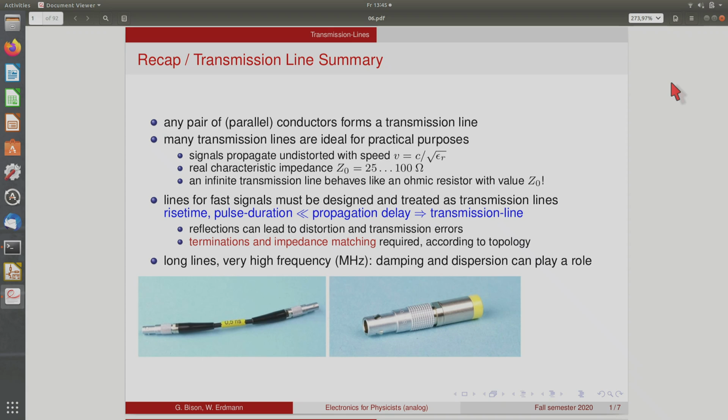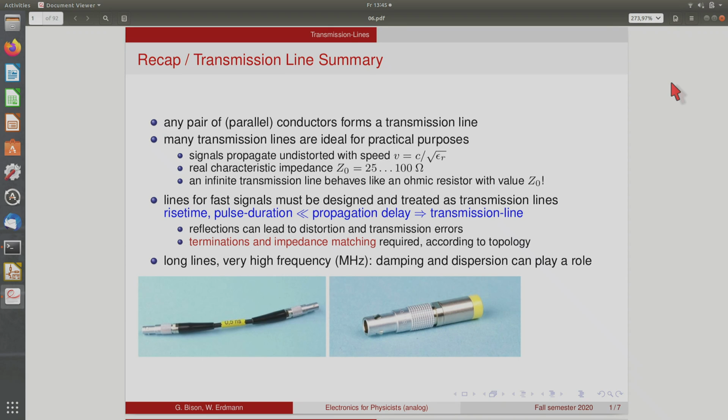So any pair of parallel conductors that are reasonably close together forms a so-called transmission line with ideal transmission properties. That is, if you send in a signal on one side, it'll come out with exactly that shape, but a certain delay.